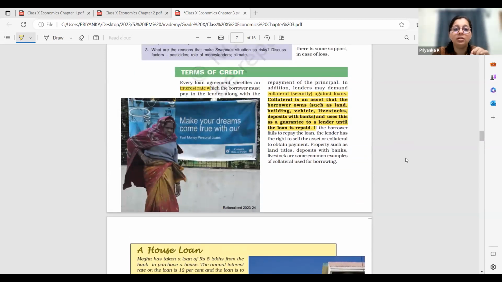Now, there are people who don't have collaterals at all. They don't have their own land. They won't have their own vehicles or buildings or livestock or any kind of deposits with banks. And such people approach money lenders. Because when you go to banking institutions, you need to have some kind of collateral.